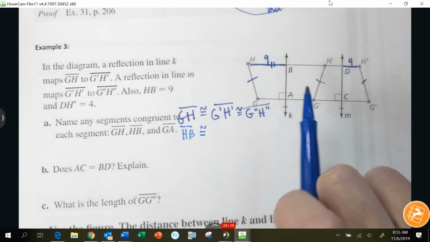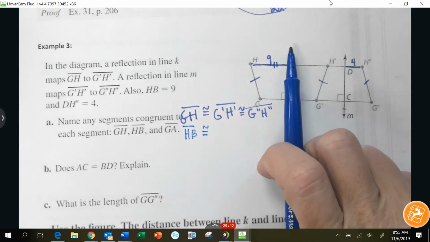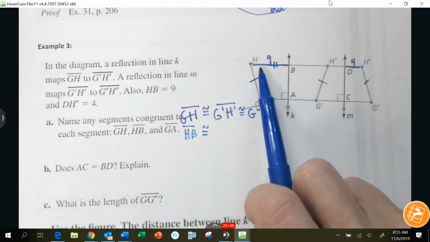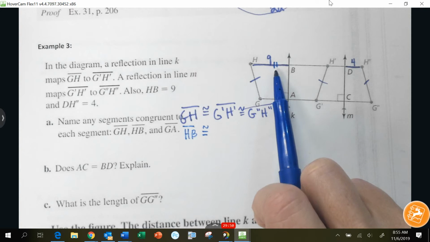What's happening over this line? Hold on. HB, right? HB is what we're looking at, this one right here. So, would it be... You get it.